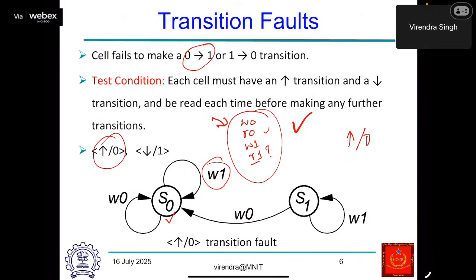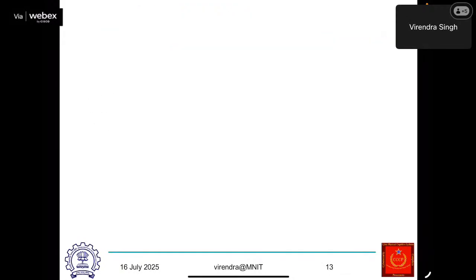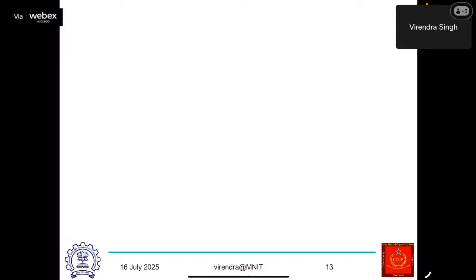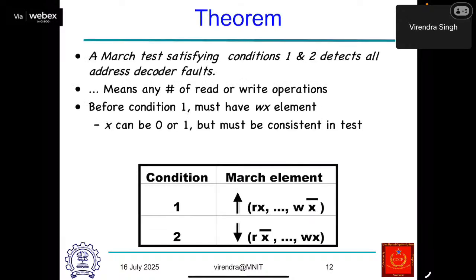But if something goes wrong, what can happen? The decoder that I have, I give the address ij, and it's supposed to excite the ith row and jth column.